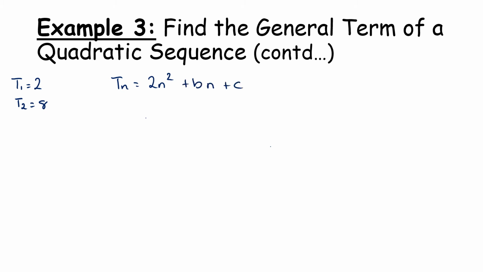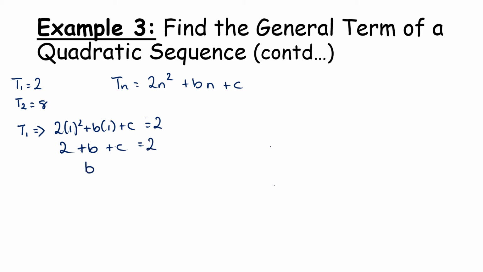So what we're going to do is use the fact that T1, which is 2 times 1 squared, subbing in for n, plus b times 1 plus c, should equal 2. So we get 2 plus b plus c equals 2.